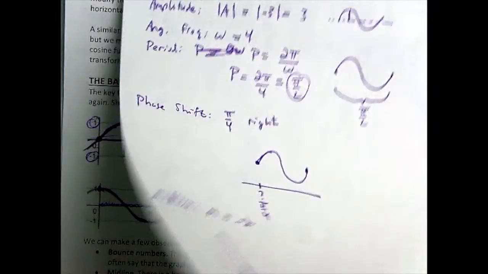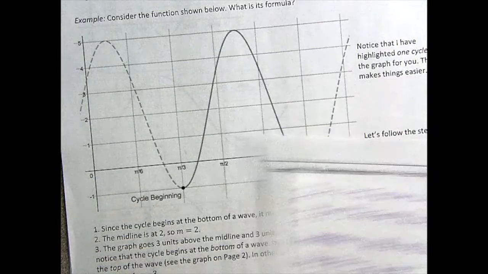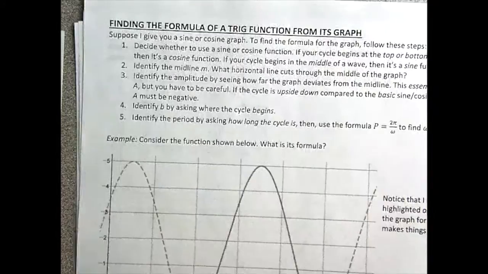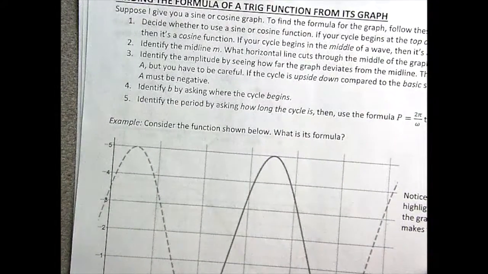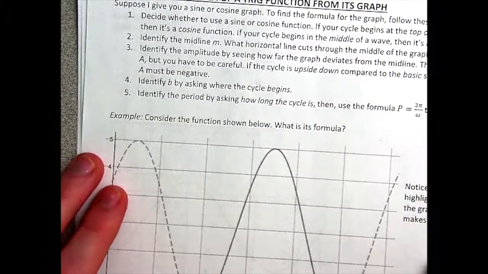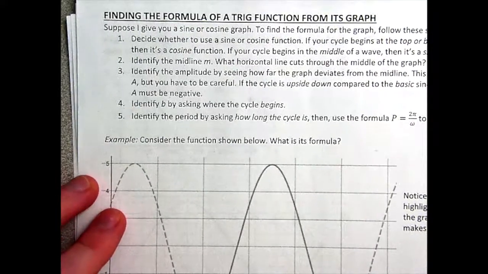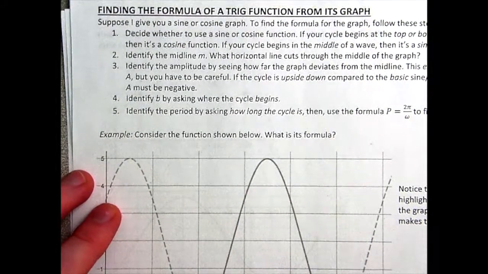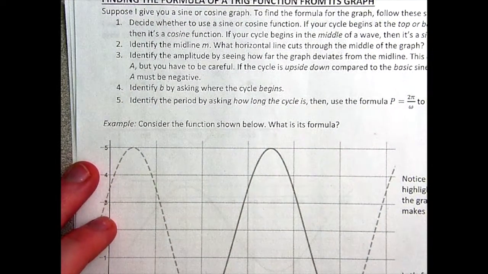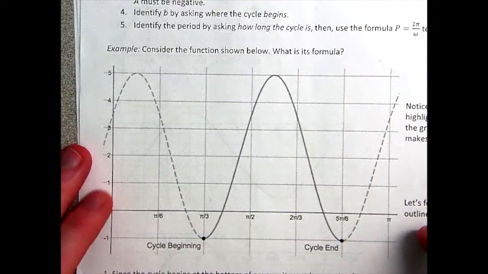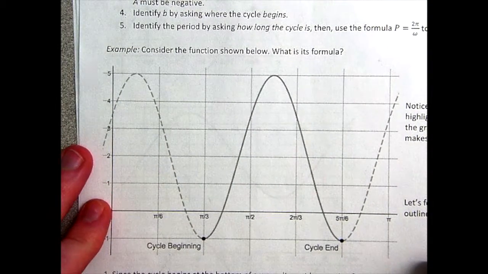All right, so now that we've seen a little bit about how to actually identify each of those characteristics from the formula, I want to move on to one of the big kinds of questions that we're going to be answering here, and that's finding the formula of a trig function from its graph. This is something we're going to spend a lot of time on. It's a really important topic. If someone gives you the graph of some trig function, like here's a trig function, how do you find its formula?